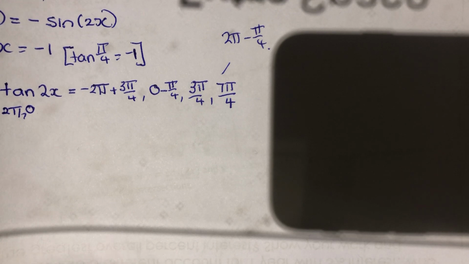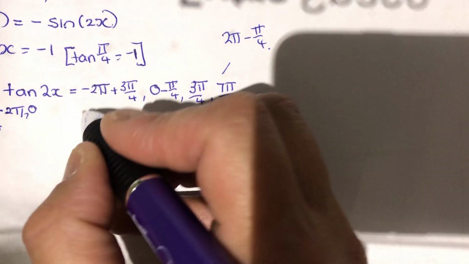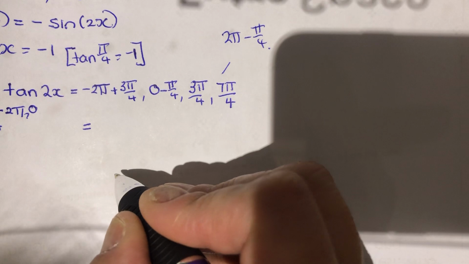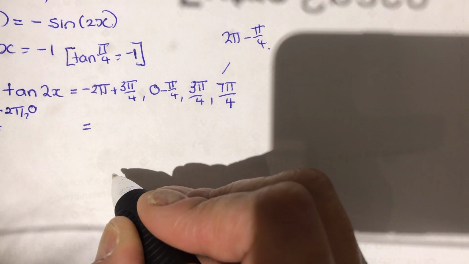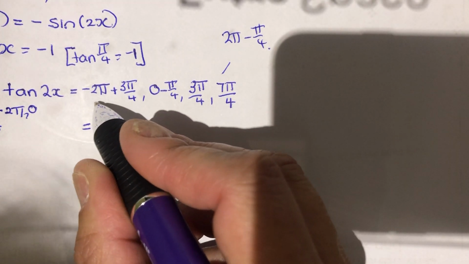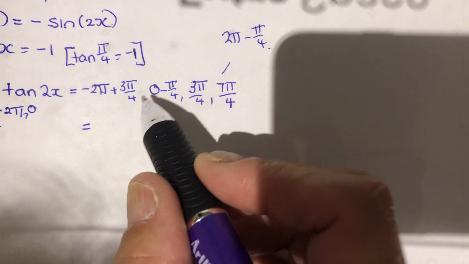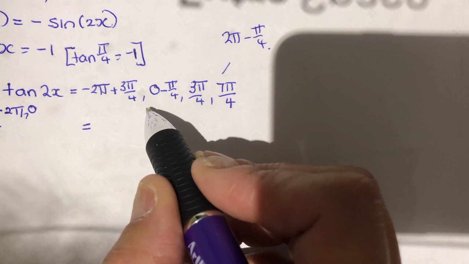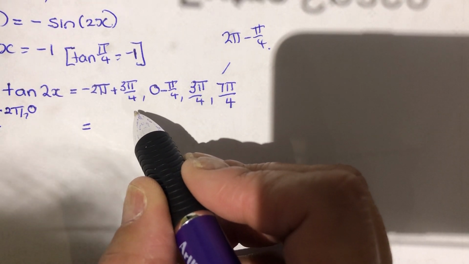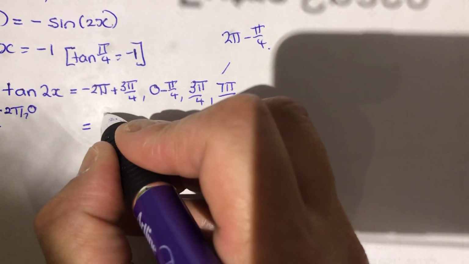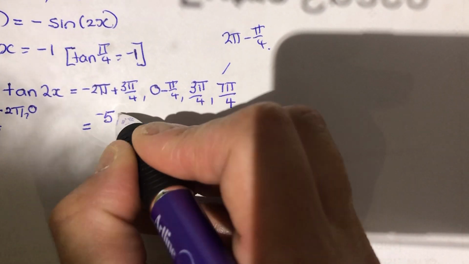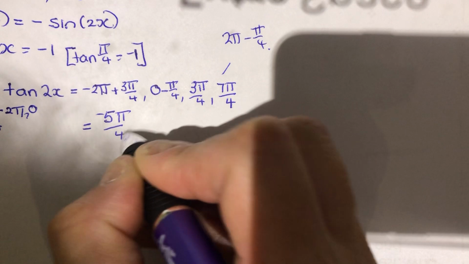Now we want to get x. Let's just make these a bit prettier. So minus 2 pi is minus 8 pi on 4 plus 3 pi. Okay, so that's minus 5 pi on 4.